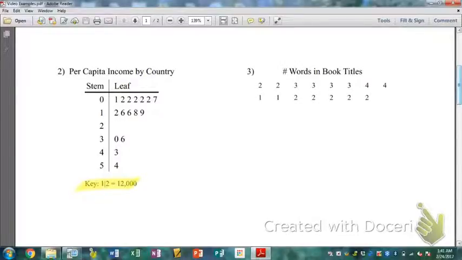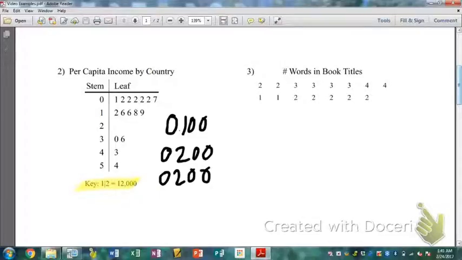That is 0, 1. So that means 0,100, or I could just write 100, but that leaf is 0. That's what that's meaning. The next one's going to be 0,200. Next one again, 0,200. So 200's appearing multiple times. If we look here, 1, 2, 3, 4, 5 times.